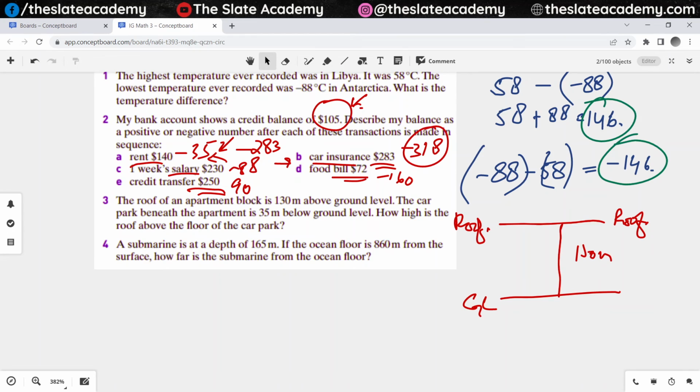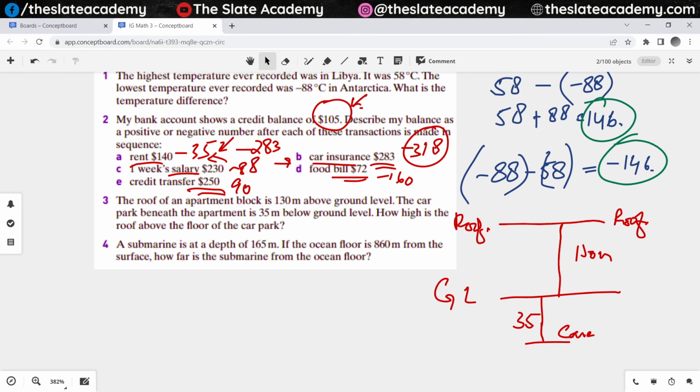So this is where the car is parked, and this is 35 meters.